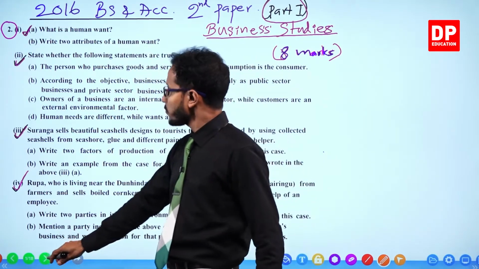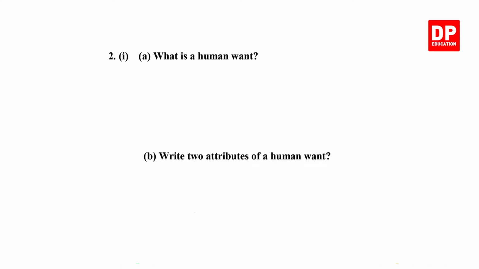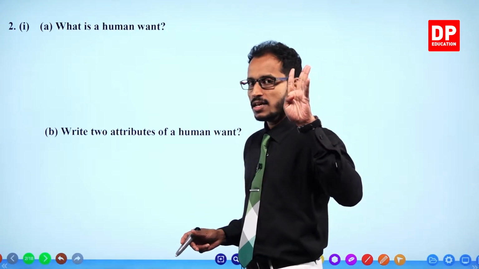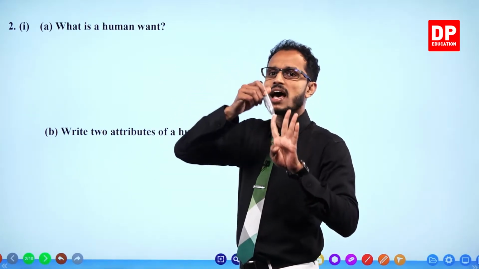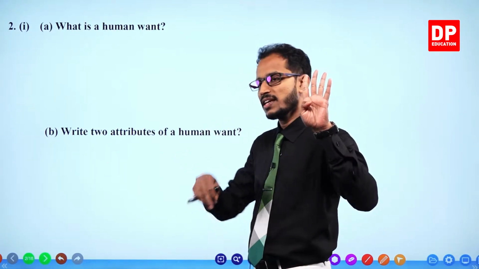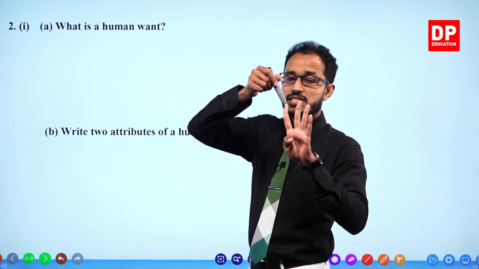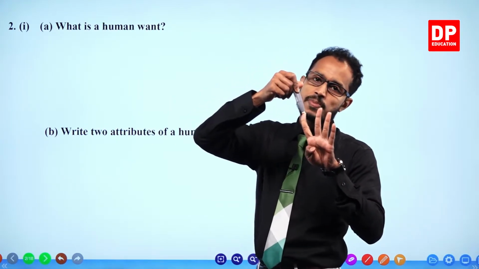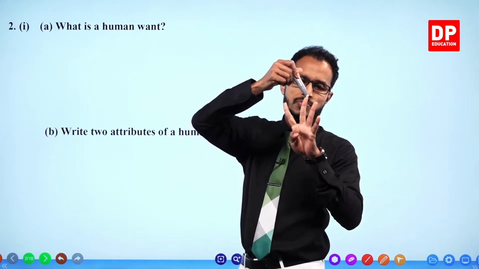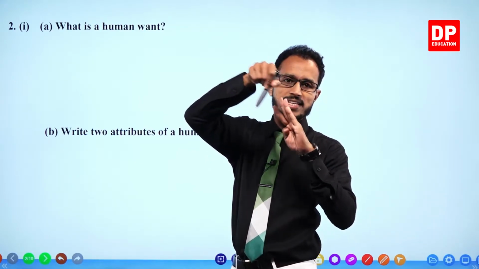Just tell me, if 8 marks is given for this question, which has 4 subparts, each subpart has how many marks? 4 subparts, 8 marks. Then each one has 2 marks, right? Each one carries 2 marks, 2, 4, 6, and 8.